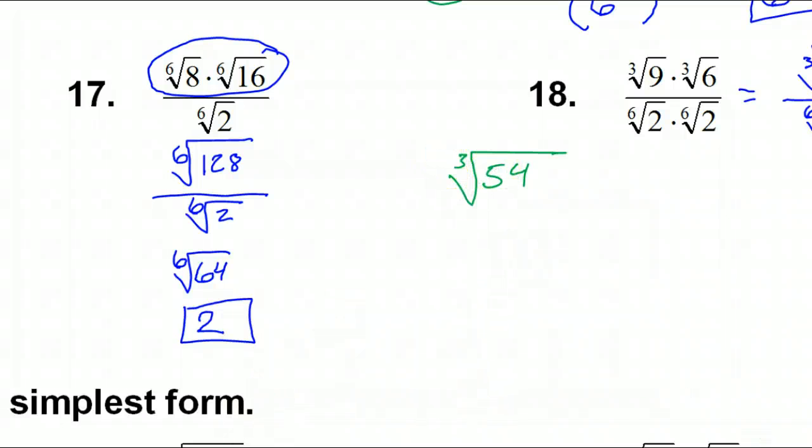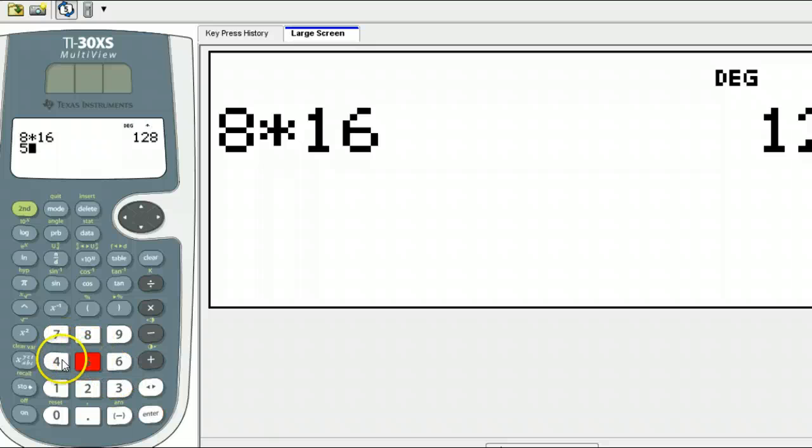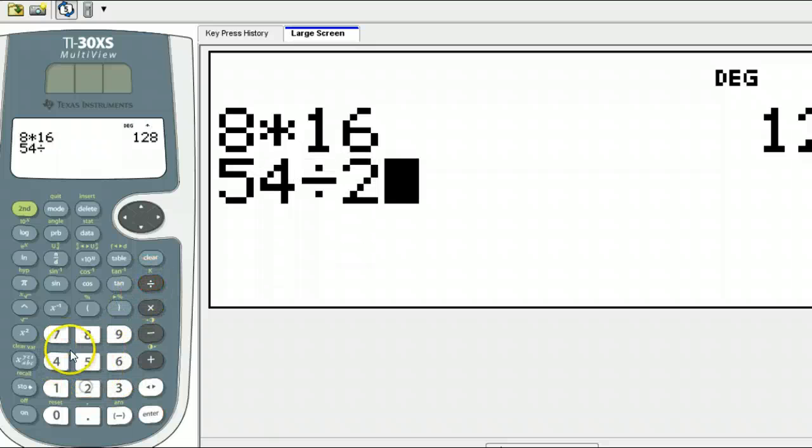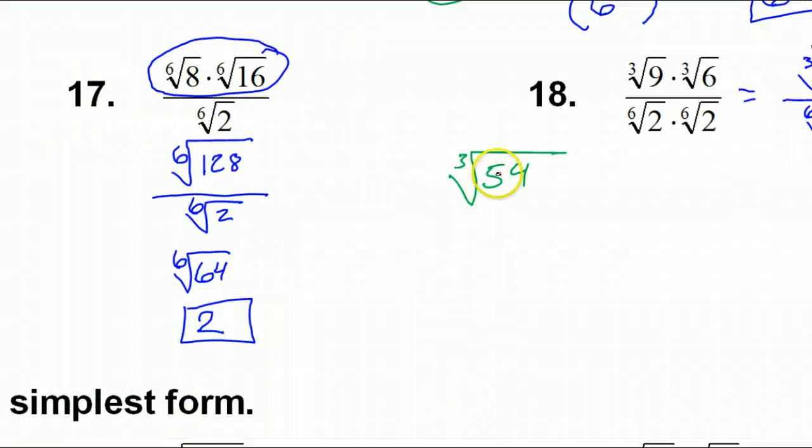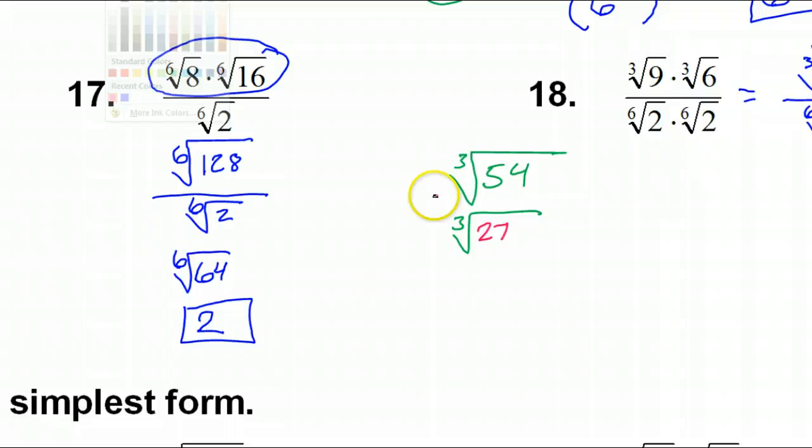So 54 divided by 27, maybe I'll just show you. 54 divided by 27 is 2. So that means I could rewrite 54. I could do the cube root, and I could put 27 times 2.